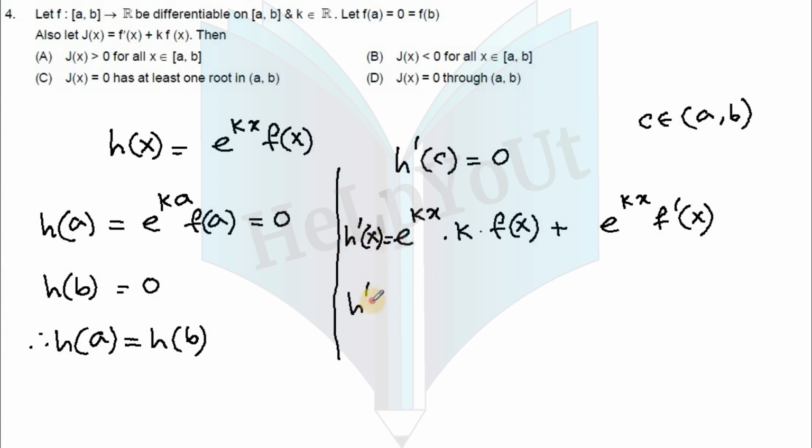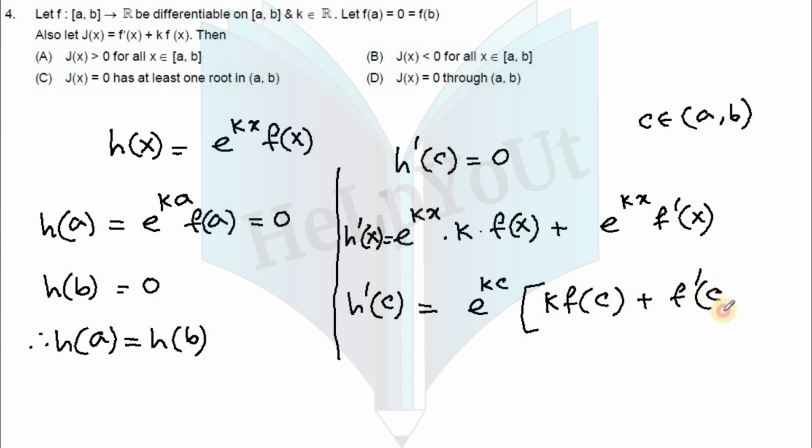So h dashed c will be, taking e to the power kc common and plugging x equals c, k times f(c) plus f dashed c equals 0, because h dashed c was 0.